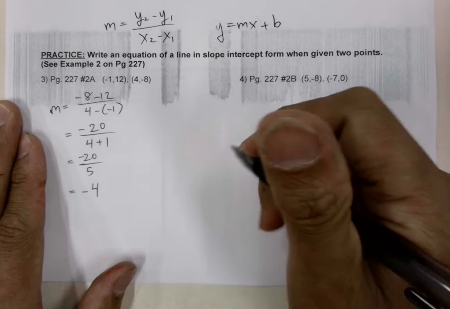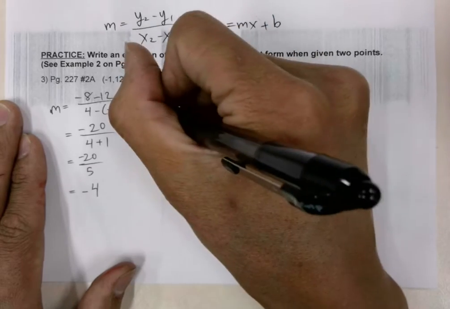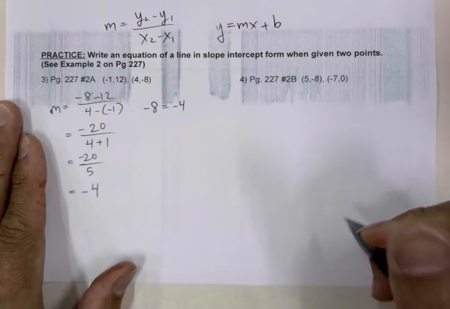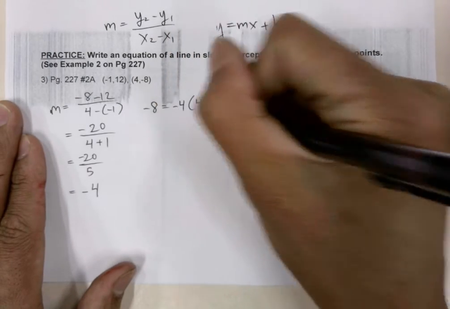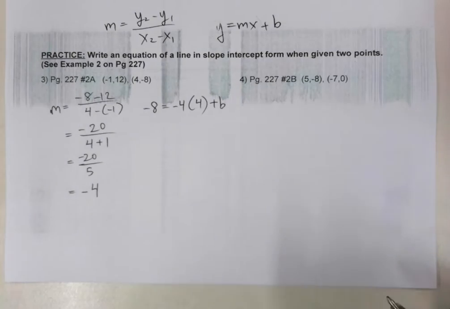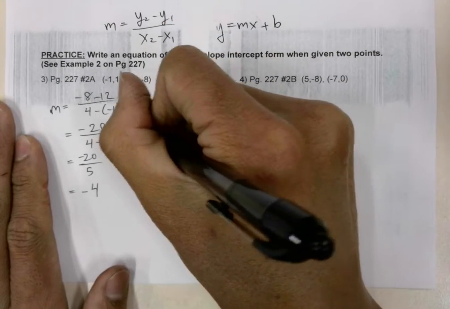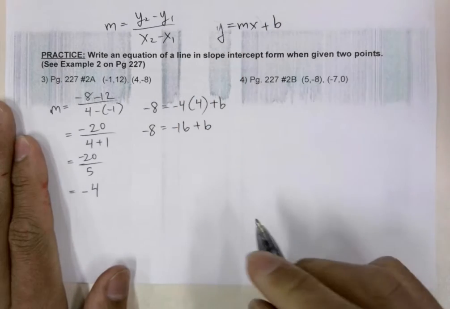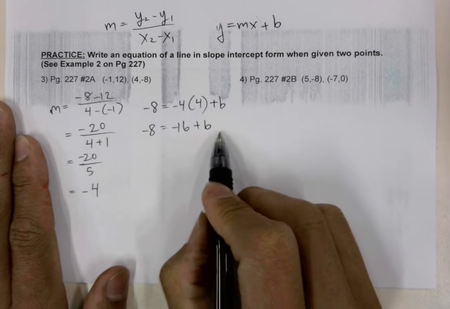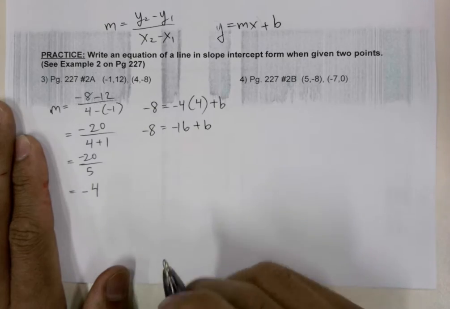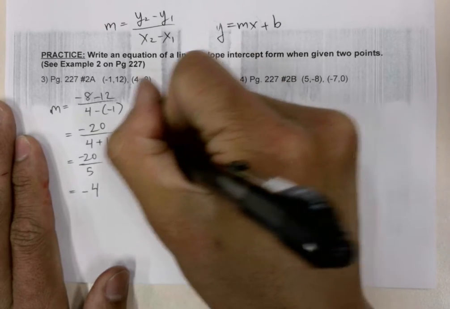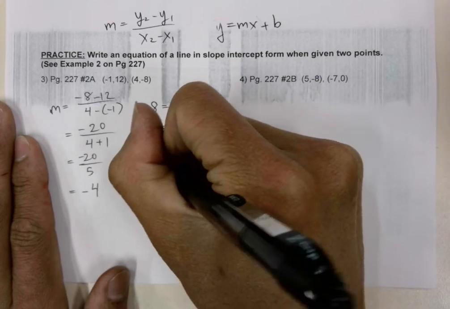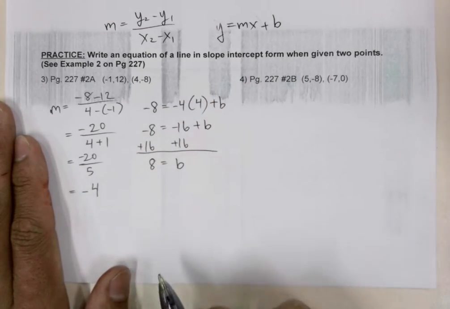So y, which is -8, is equal to -4 times x, which is 4, plus b. -8 = -16 + b. Now we want to isolate the variable b by moving the -16. We can add 16 to both sides of the equal sign, and we'll get 8 = b.